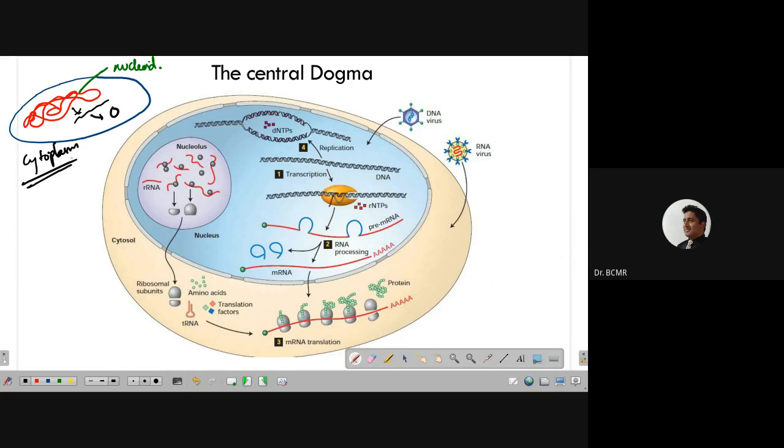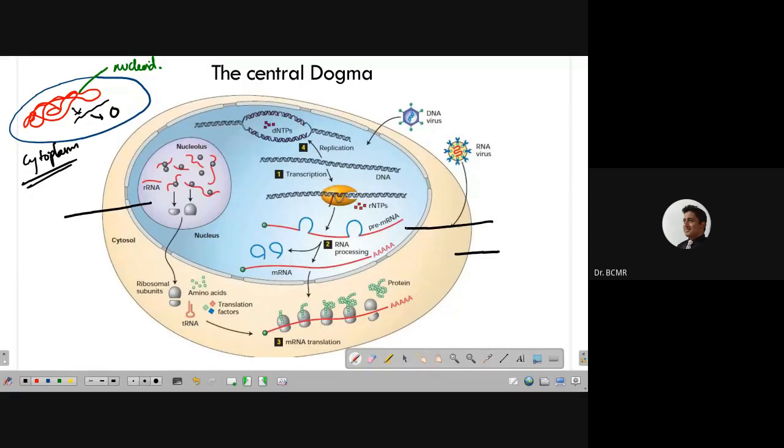But if you take eukaryotes, it is different. The eukaryotes have cytoplasm, and they have nucleoplasm or nucleus. This will be the nucleoplasm. And you also have a nucleolus. Right? There are 3 different structures that are directly related to the central dogma.